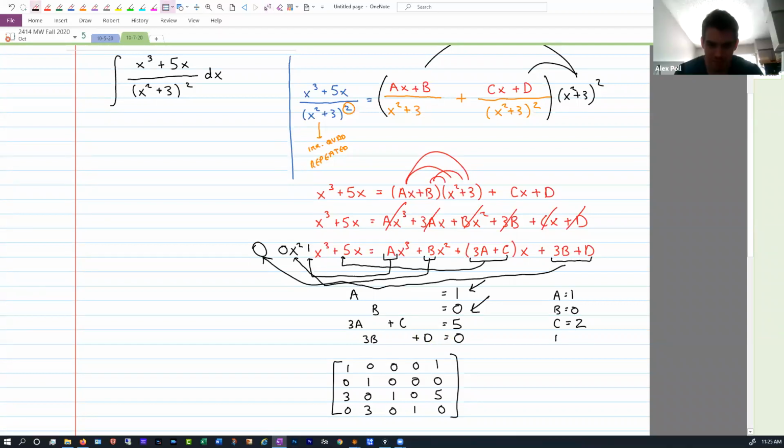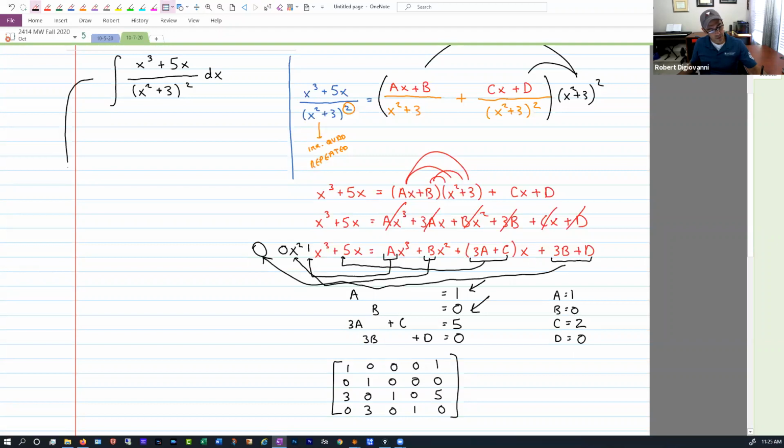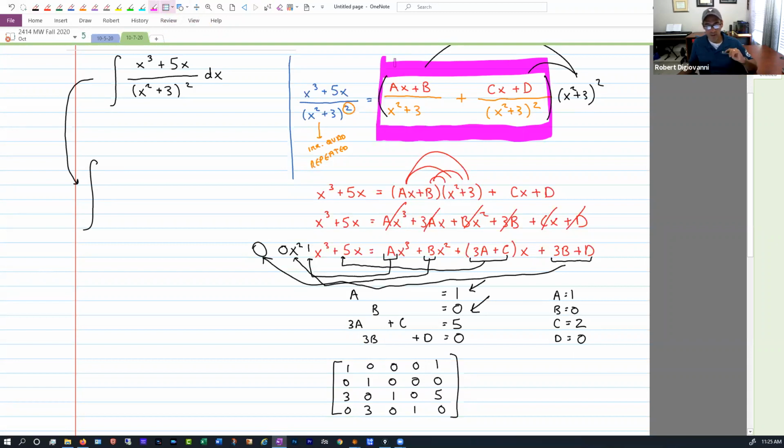0. Okay. All right, well, this is actually looking really good. Because what this is saying is that this up here turns into this expression here with A, B, C, and D replaced with what we have there.